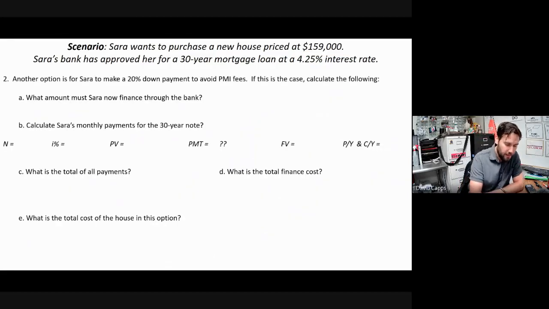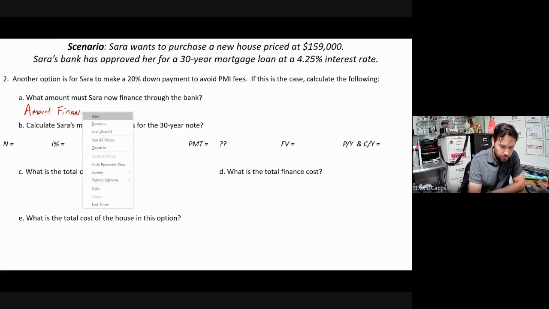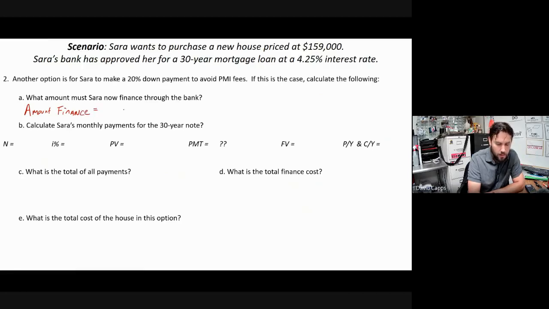In this case, the amount financed is going to be equal to $159,000, that's how much the home costs, minus her down payment. So the question is, what is her down payment? That's what I need to figure out before I answer this question. So I'm going to do it right here.